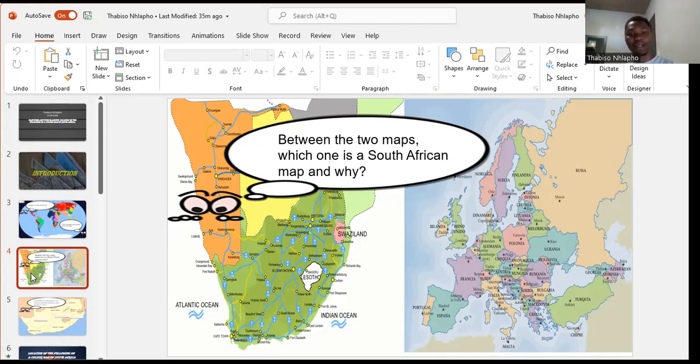Yes, Keleto says this is a South African map because he can spot Pretoria and Bloemfontein there. And lastly, he said because he can spot Lesotho, and we all know that Lesotho is within our country, but it's not South Africa. So I thank you, Keleto.